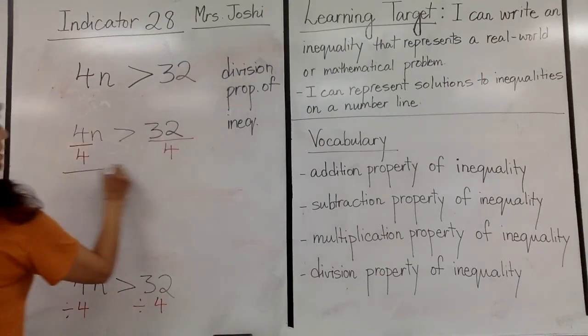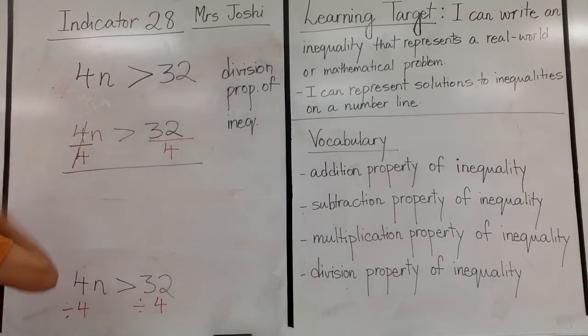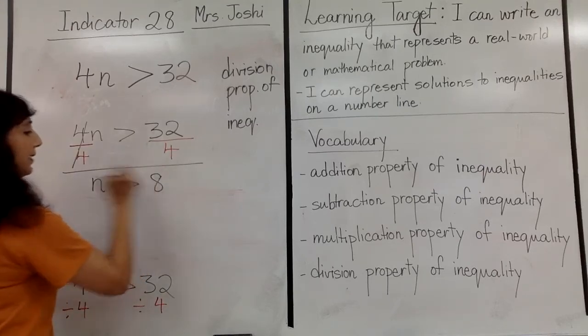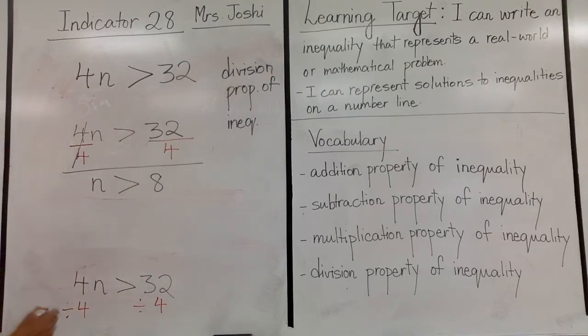Okay, and so when I divide 4 by 4, I get 1, and 1 times n is n, which is greater than 32 divided by 4 gives me 8. Okay, same thing here, you could have done that, 4 and 4, you know, the multiplication division cancel each other out, n is greater than 8.